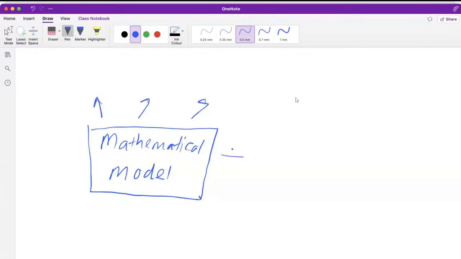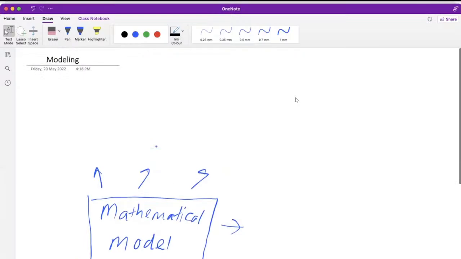Many things. If you think about what you do in physics, for example, F equals ma, this is one kind of modeling, right?